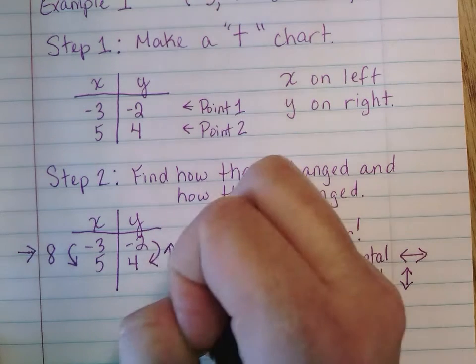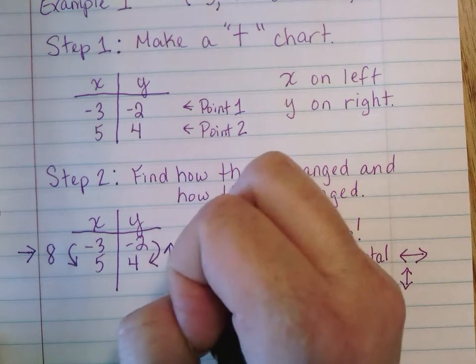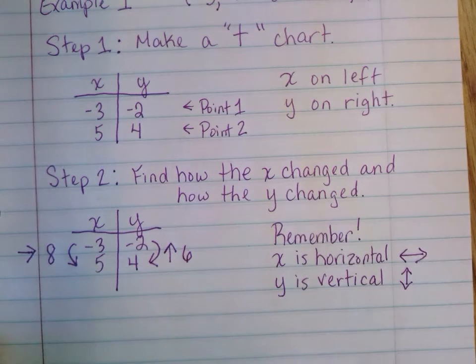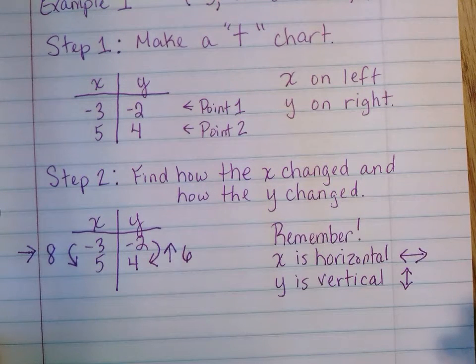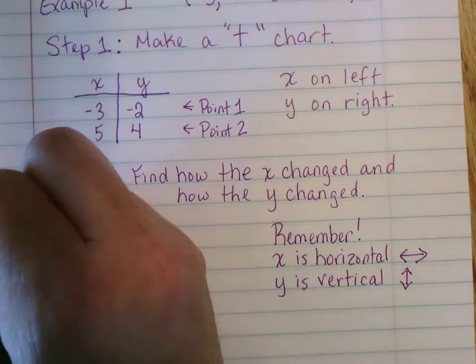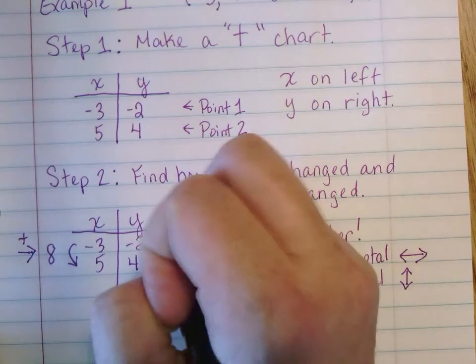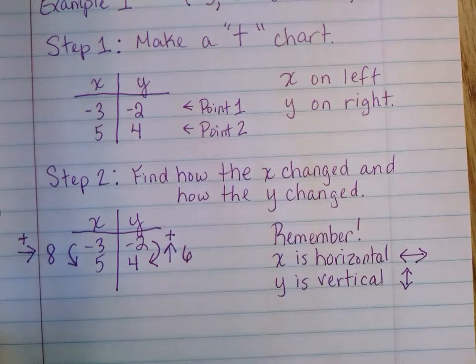So you go up, remember this is Y, you go up 6. That means the 8 is positive and the 6 is positive. The right direction is positive, the vertical direction is also positive. Great.